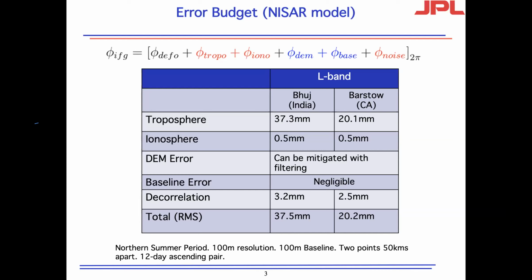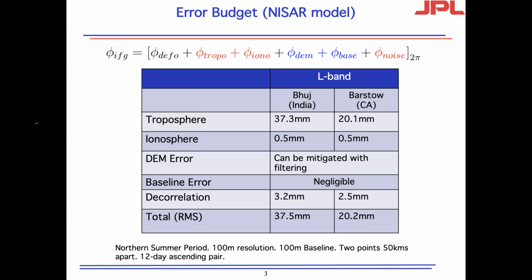In terms of the relative delays they are smaller, but can still vary depending on where you are on Earth. So if you go to the polar regions, generally you would have more ionospheric delay. If you think about the solar cycle, you can also see larger delays during the solar maximum versus the solar minimum. Other components which you have would be DEM error, baseline error, decorrelation, etc.